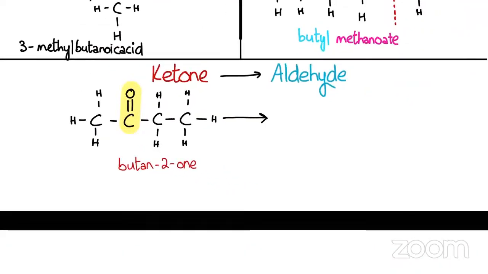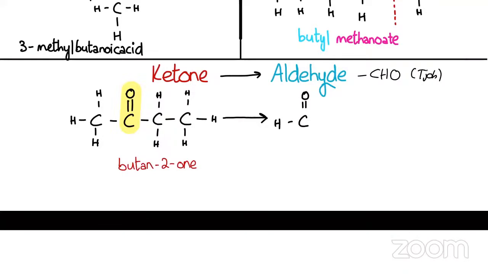Now let's convert it to an aldehyde. It's simple because the functional group of an aldehyde is CHO, and the CHO is always at the end. So we have a C double bonded to an O, and then bonded to an H. That is the functional group of an aldehyde, and it's always at the end.